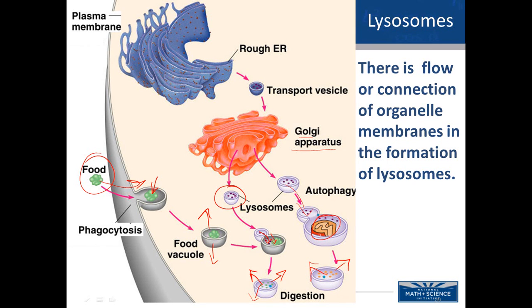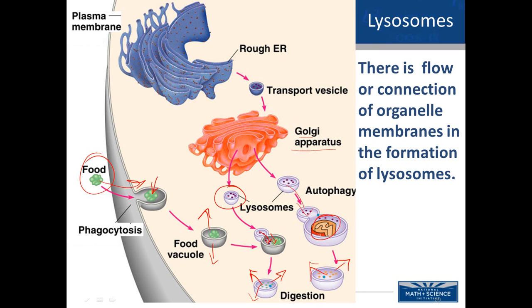The nickname for the lysosome is the suicide bag. You might be thinking to yourself, why is that? If you have a large number of lysosomes break open at the same time, those enzymes can start breaking down the organelles and actually kill the cell.